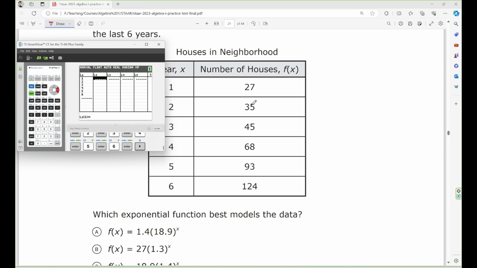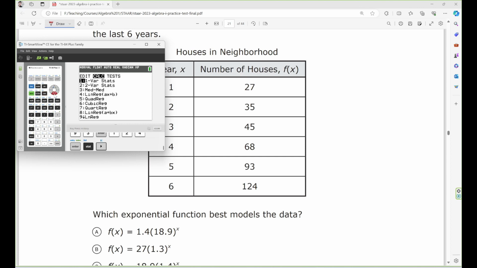Now add to 27, 35, 45, 68, 93, and 124. And you just hit stat again. Go to calc.